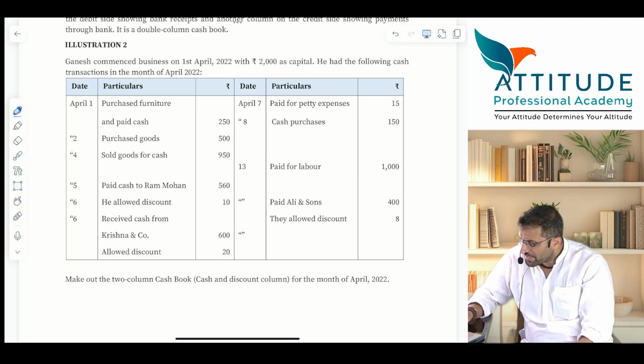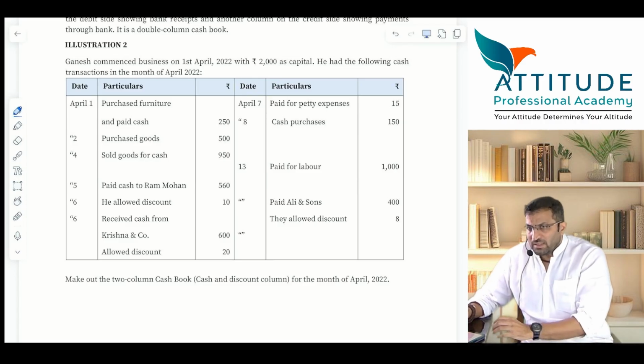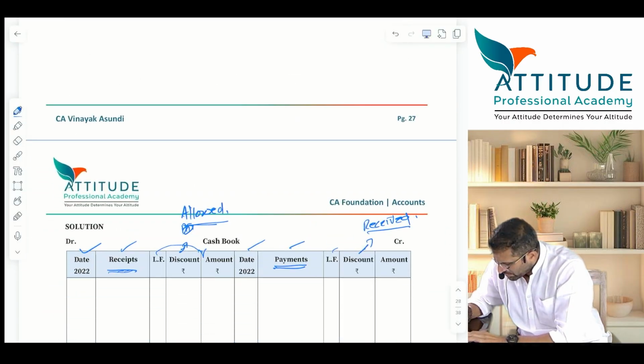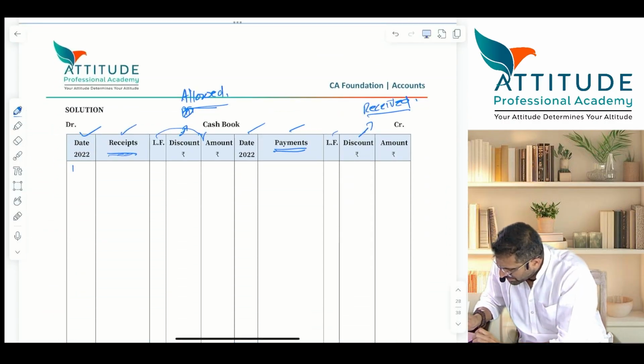First. Ganesh commenced business with 2000 as capital. Tell me the entry. So it will come on the receipt side. Yes or no? That is 1st April. So here what will I write? 1st April. Correct? To capital, cash account debit to capital. In which column?